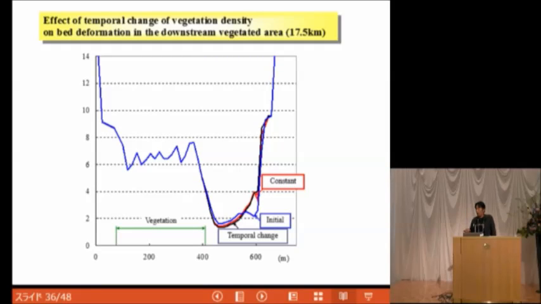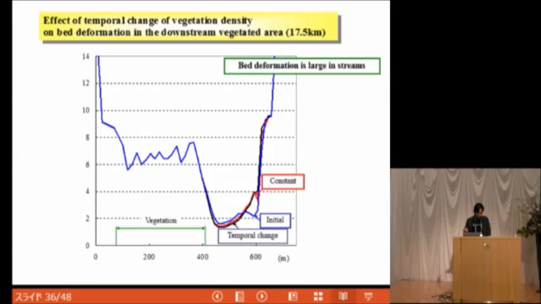When we do not consider the temporal change of the vegetation in this cross section, the difference is very, very small. And if we do not consider the vegetation, of course the bed will be aggraded like this.